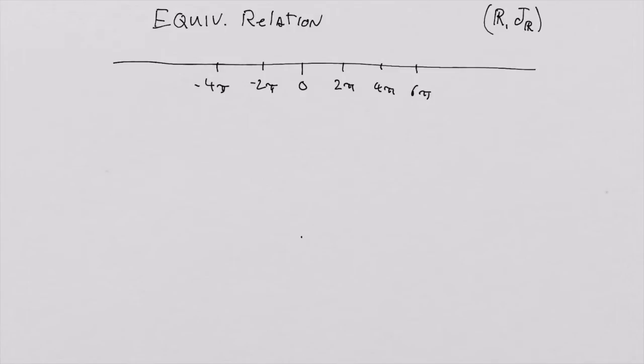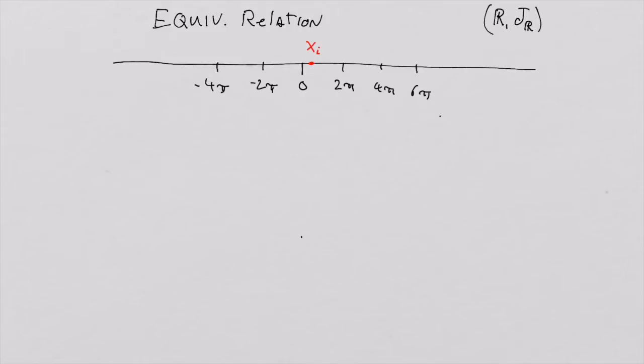And when we look at this, I'm going to identify a single point on this line. I'm going to put it right there. And I'm going to call that point xi. And I'm going to create a relation between xi and other points on the line, and that relation is ultimately going to be an equivalence relation.